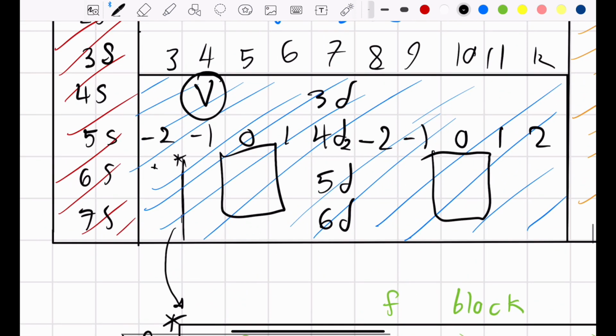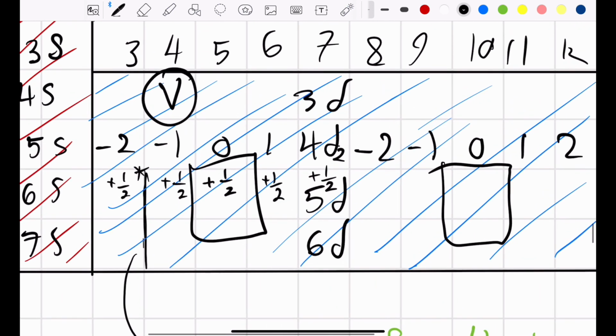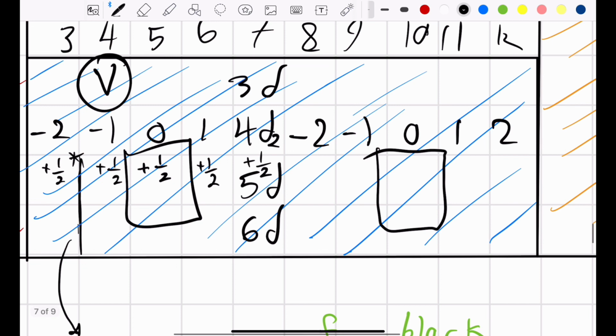We have positive 1 over 2 here, positive 1 over 2, positive 1 over 2, and then positive 1 over 2, positive 1 over 2. And those are all our 5 orbitals that have just been filled with positive spin electrons. And now, since they're singly filled and they're all degenerate orbitals, all filled, now we pair them with the opposite spin.